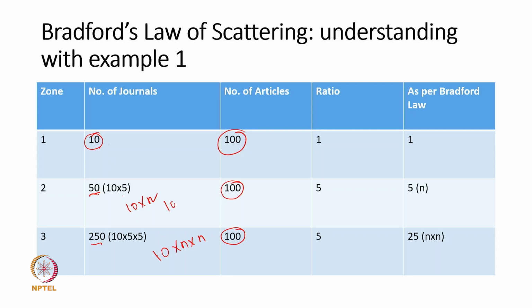If you divide 10 into n by the preceding term 10, we get n, that means a ratio here, and if we divide 10 into n into n by 10n, which is the preceding term, we get the ratio n here also. That means the ratio is constant. In this example, this is an ideal example.